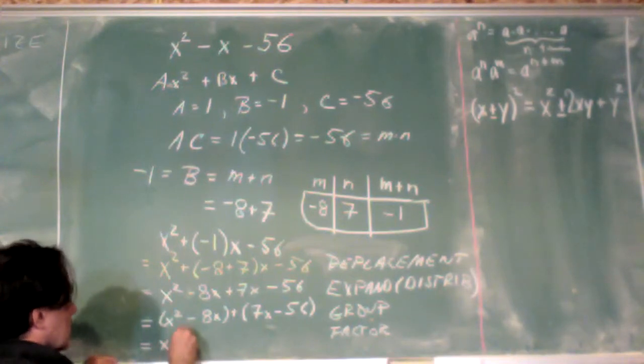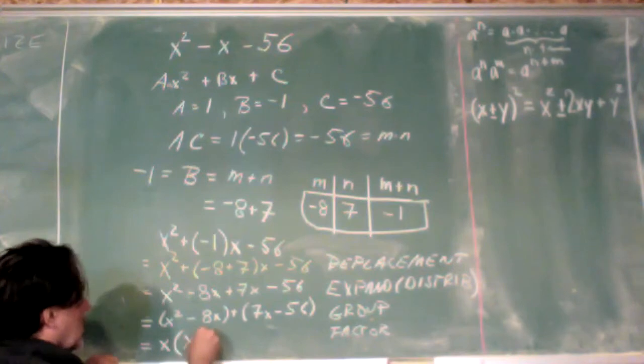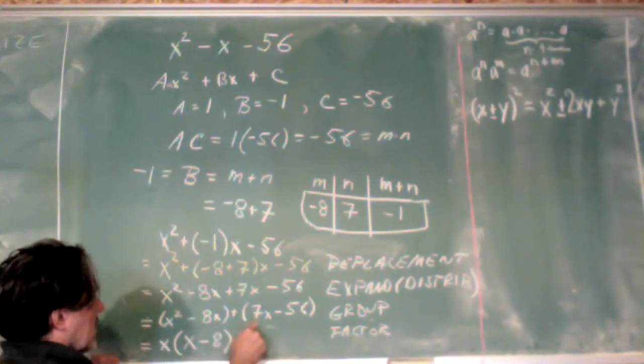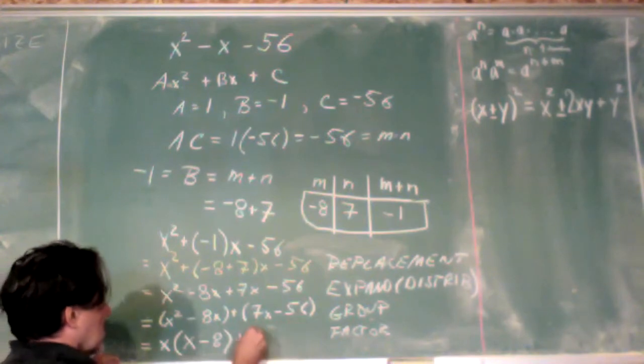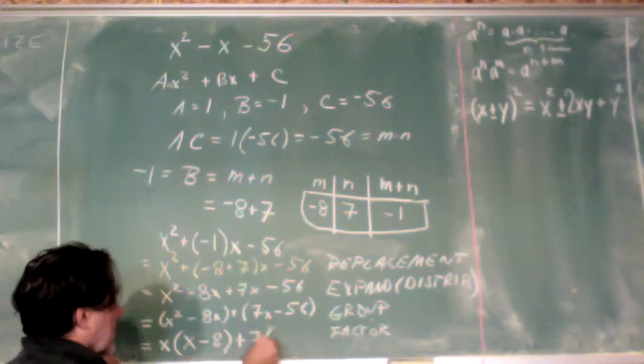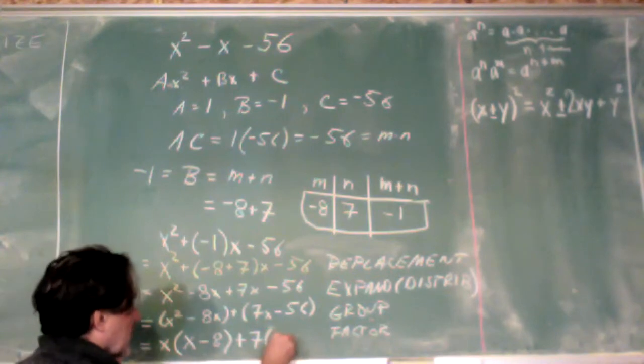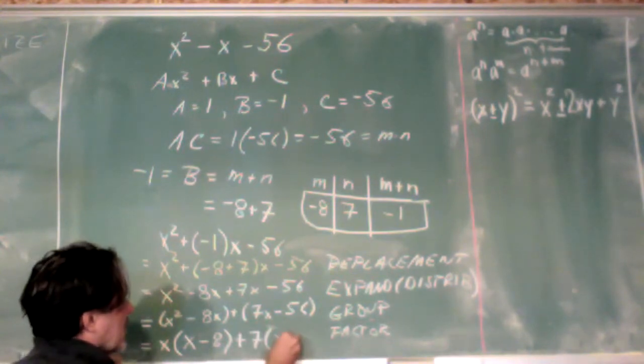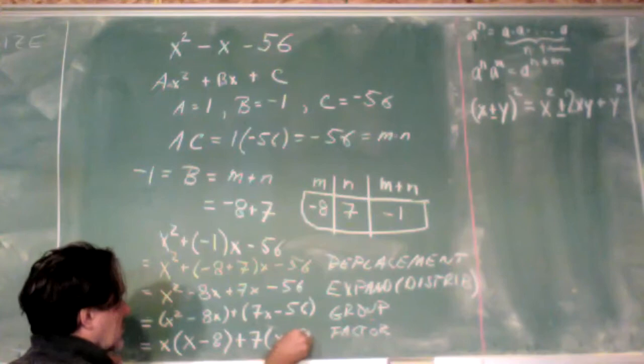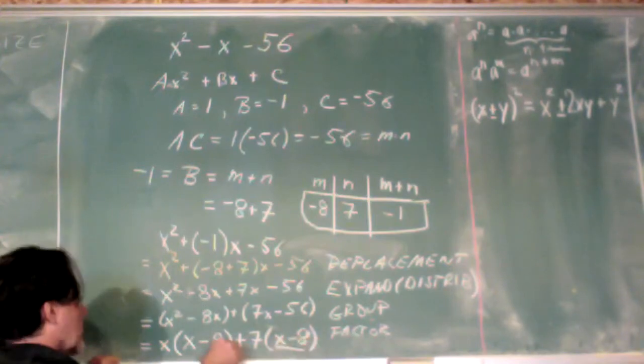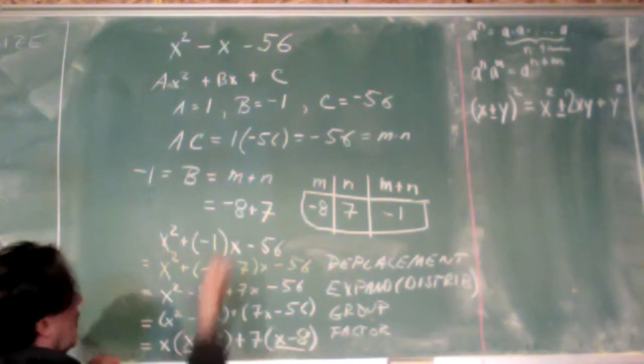That leaves me an X in the first term, and I'm left with an 8 in the second. Plus here I have a 7 that's common. Take the 7. I'm left with an X in the first term, and to get minus 56, I've got to pull out an 8, which is what we'd expect. This is why we did this.